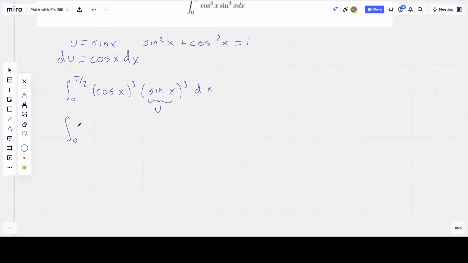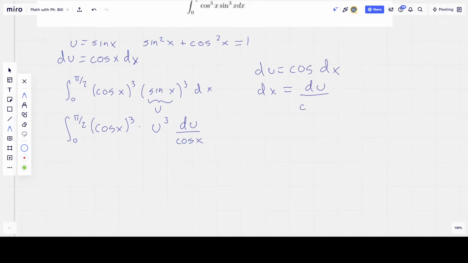So we've got the integral from 0 to pi over 2 of cosine of x cubed times, and instead of sine of x, I'm going to put in u. So you've got u cubed. And then instead of dx, I'm going to put du over cosine of x, because if you solve du equals cosine of x dx for dx, dx is going to be equal to du over cosine of x.